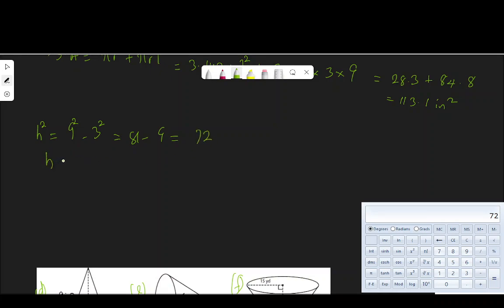H therefore is square root of 72. Square root of 72 is 8.5 approximately. So having the height, you can get the volume V, which is 1 over 3 pi r square h, which is 1 over 3 times 3.142 times the radius.